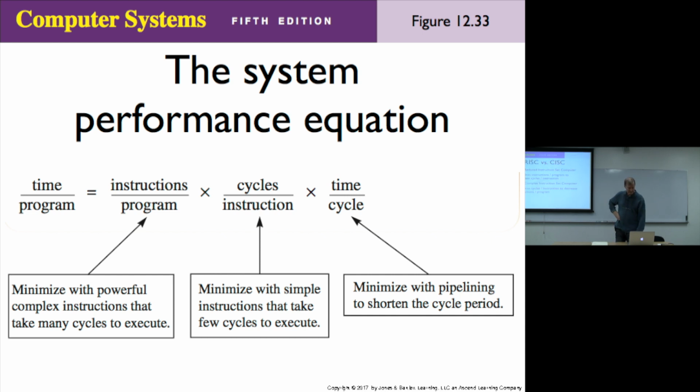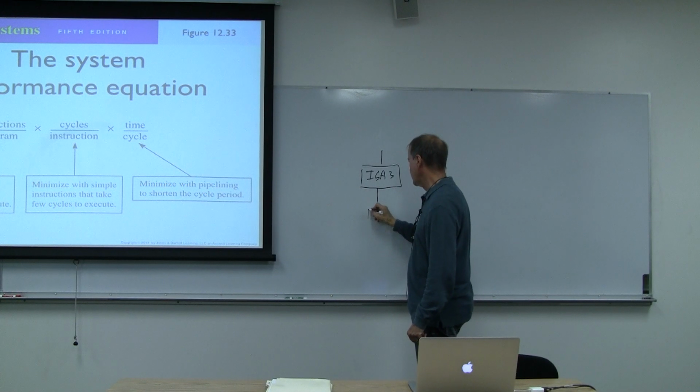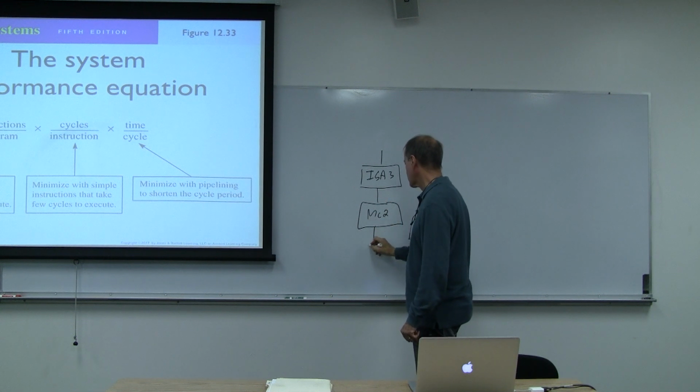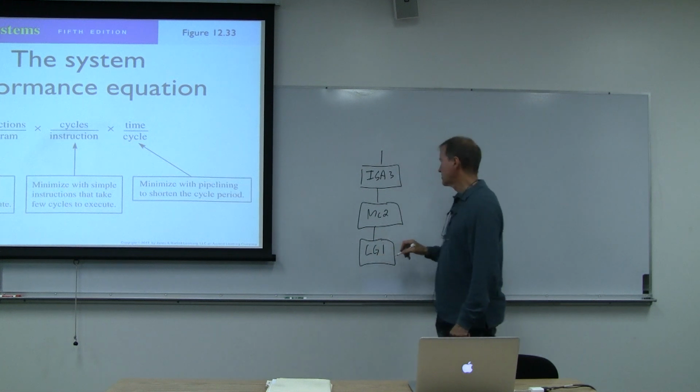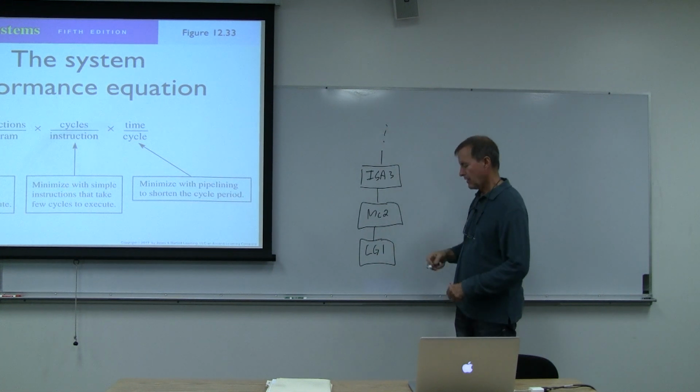And it's interesting because in the history of computing and computer organization, from the very beginning, remember, this is ISA 3, this is microcode 2, and this is logic gate 1. And then there's more up here.